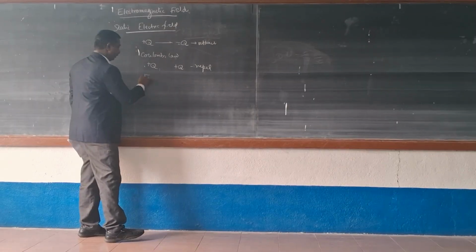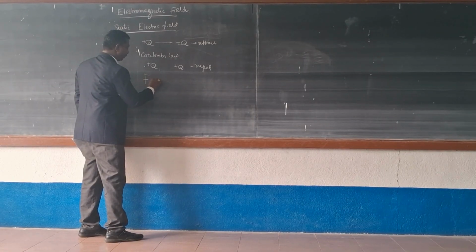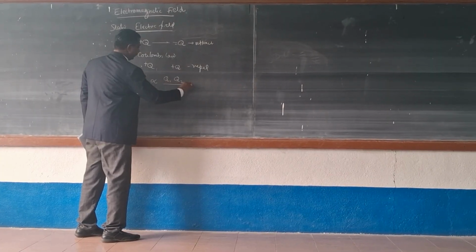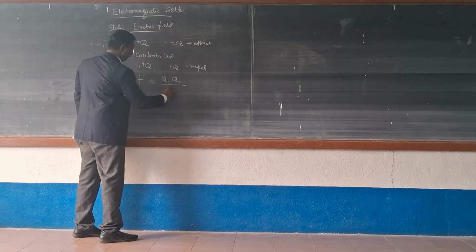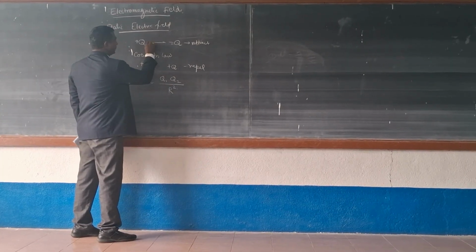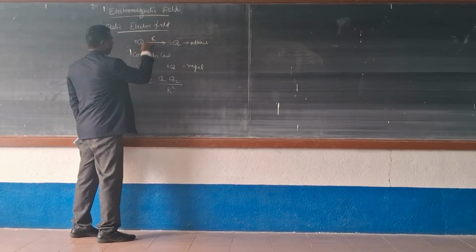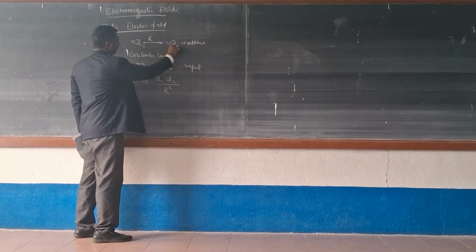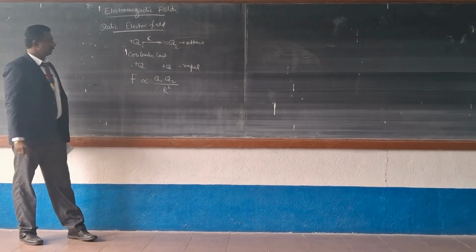Right? The formula is given by: F is directly proportional to the product of the charges and inversely proportional to the square of the distance between them. Let the distance be capital R between charge 1 and 2. Let it be charge 1, then let this be charge 2. So what is the force?